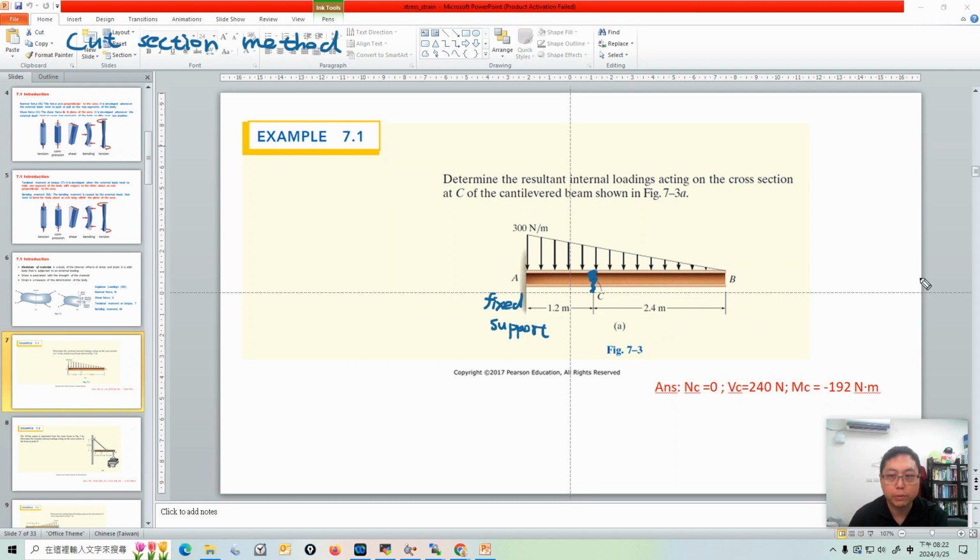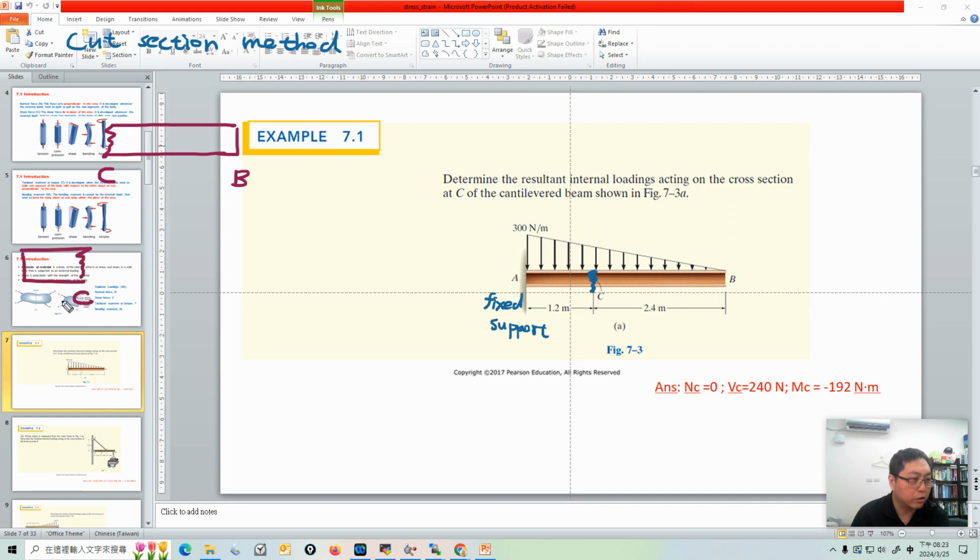Let me draw this picture. You cut a section at C, and this is B. Actually, you can imagine we split this beam into two parts.